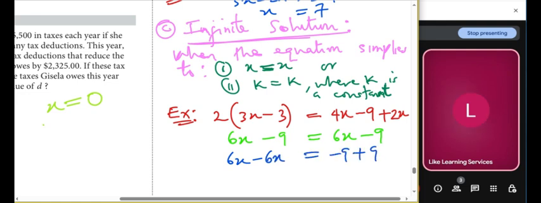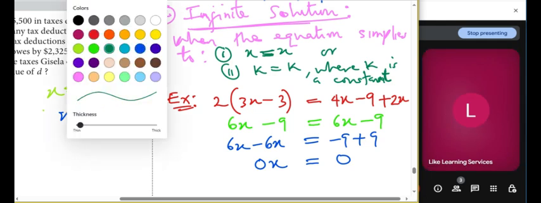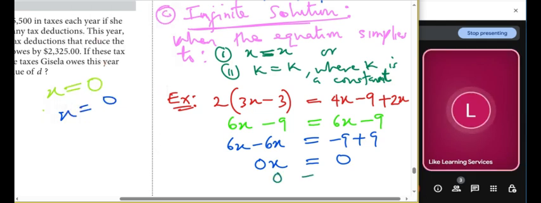So 6x minus 6x is 0x, which is equal to 0. That is different from saying x equal to 0. This is 0x. By the way, 0x means what? 0. So if you had told me 0 is equal to 0, that's correct.